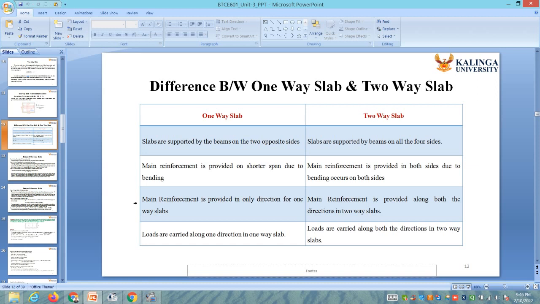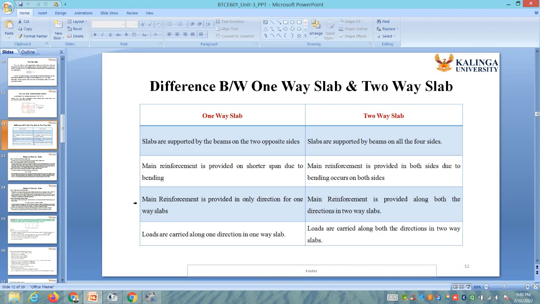And generally when dimensions are near about same, loading is heavy, then we design two-way slabs. And in practice generally we try to accommodate all panels in 5 categories or 3 categories: S1, S2, S3, S4, S5.